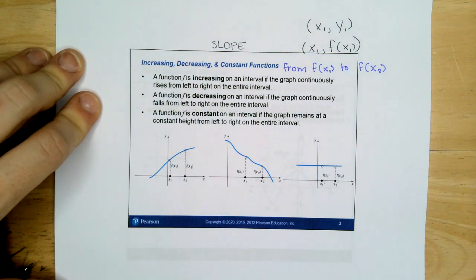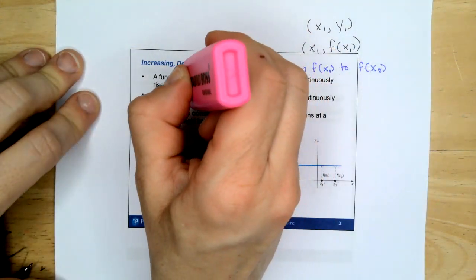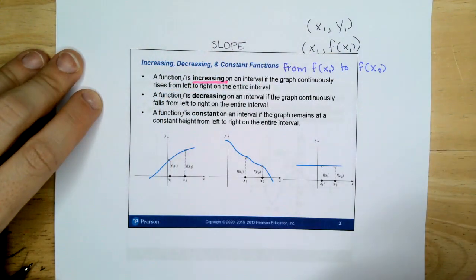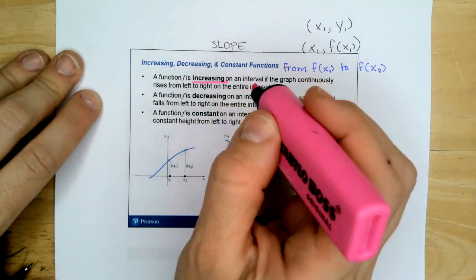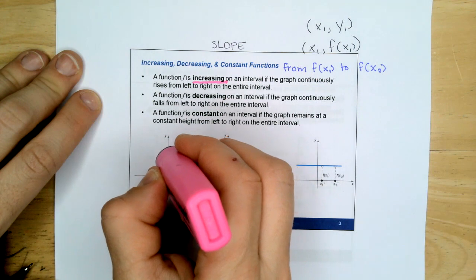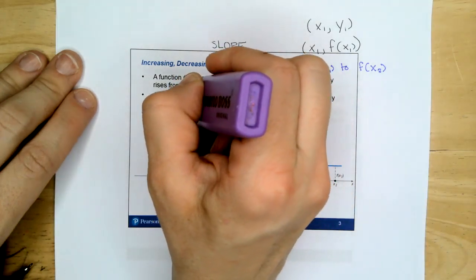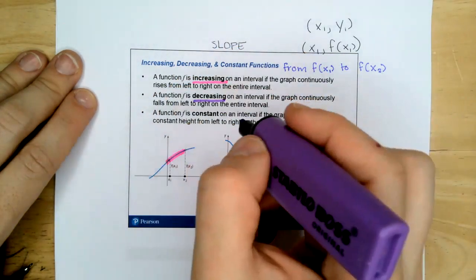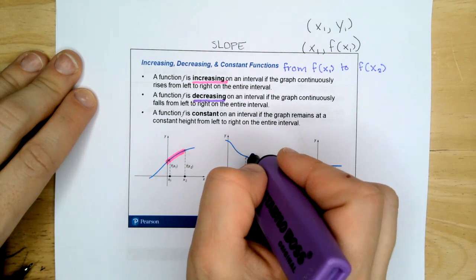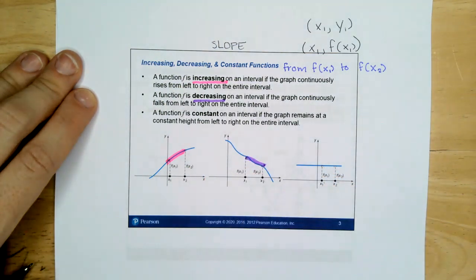All right, a function is increasing on an interval if the graph continuously rises from left to right on the entire interval. That's an increasing function, okay? A function is decreasing on an interval if the graph continuously falls from left to right for the entire interval.